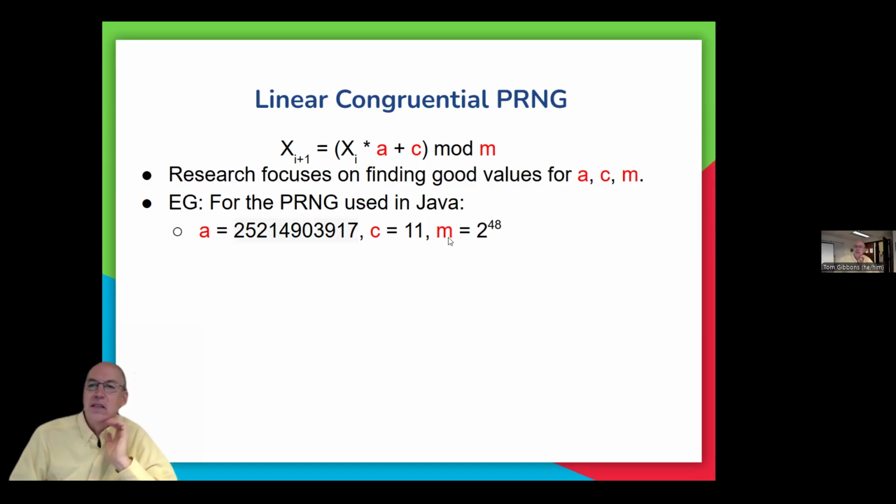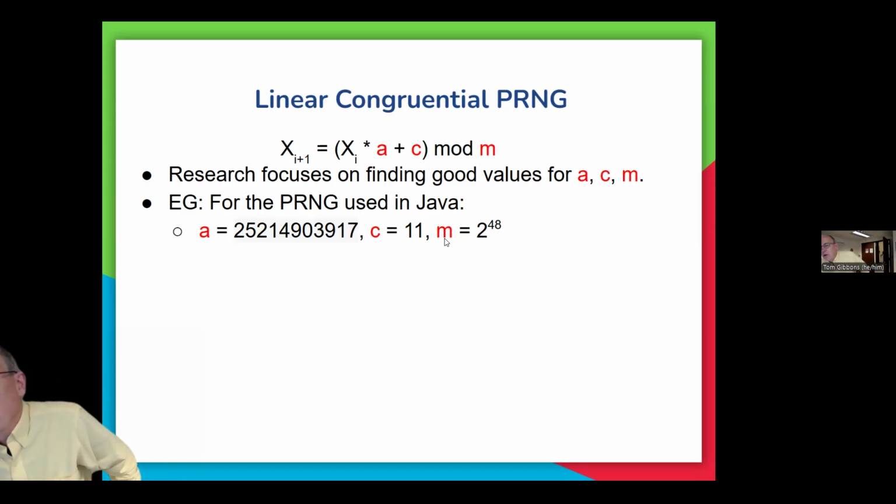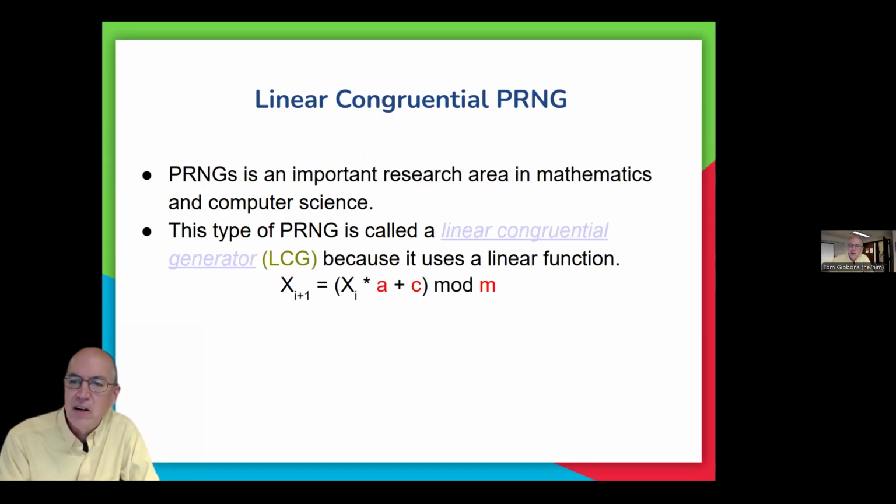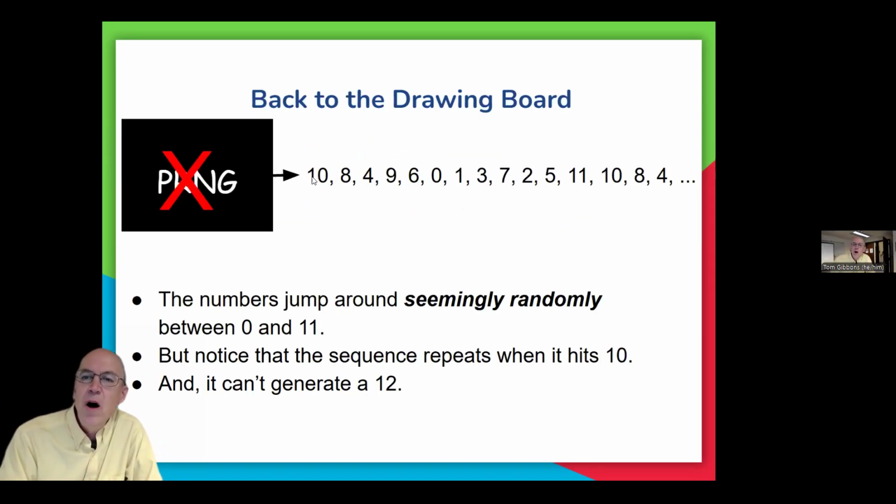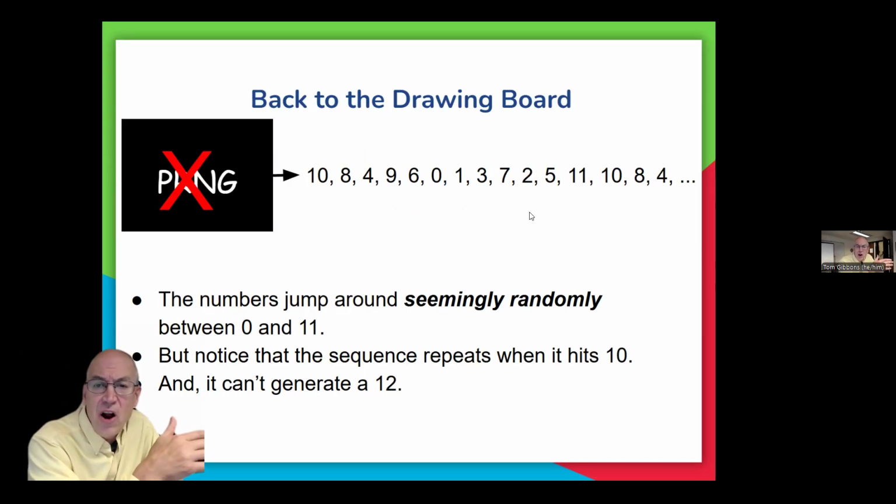The next question is what number do we start with to start our sequence? Because one of the things with random number generators is that if you know one, you're going to repeat. Like here we go 10, 8, 4, 9, 6, and when we hit 10 again, it's predictable. It always goes 10, 8, 4, and so on.